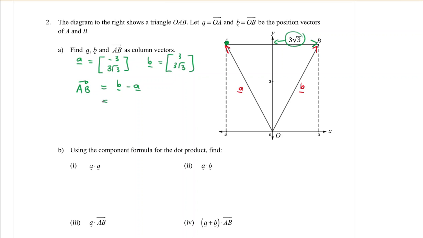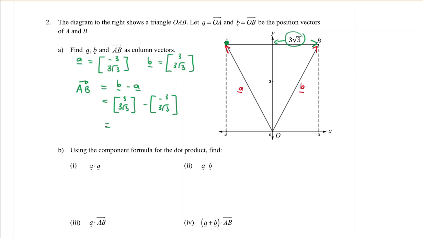Okay, so now we know what vector B is as a column vector. It is 3 and 3 root 3. And I want to subtract vector A, which is -3 and 3 root 3. When you subtract vectors, you just have to do the x's together and the y's together.